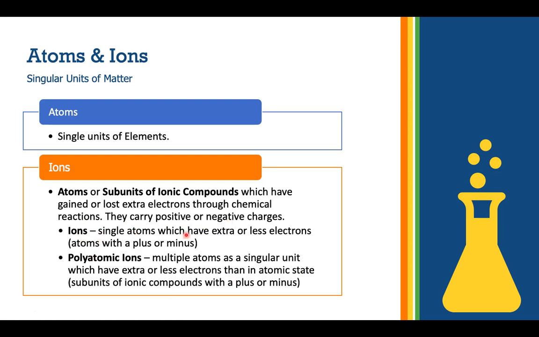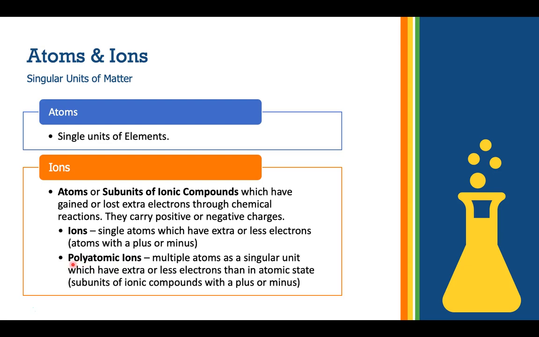Ions are single atoms which have extra or fewer electrons, atoms with a plus or minus. This plus or minus will often be accompanied by a number, as a superscript. A superscript is above and to the right of the chemical symbol, and a subscript is to the bottom right of the chemical symbol. You'll be familiarizing yourself with that throughout the course.